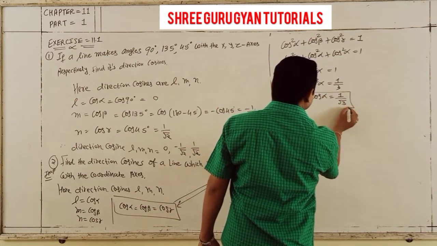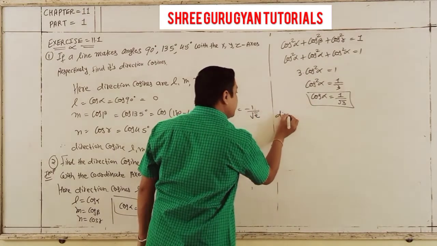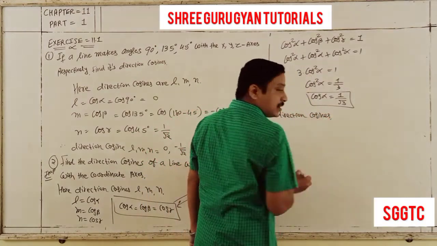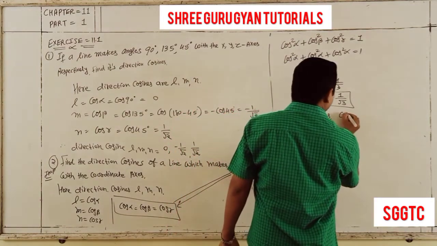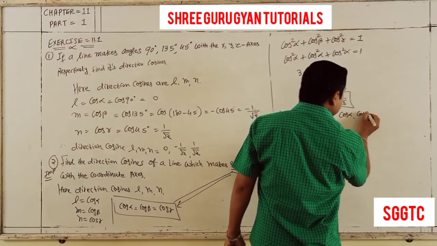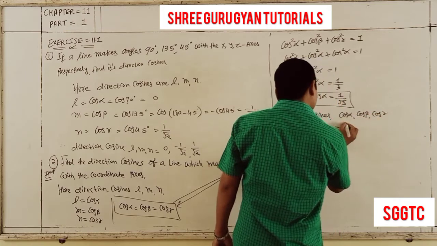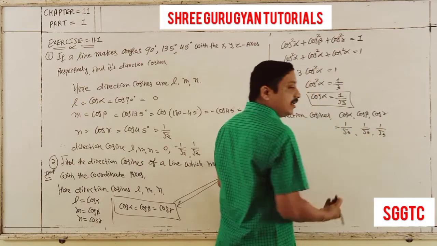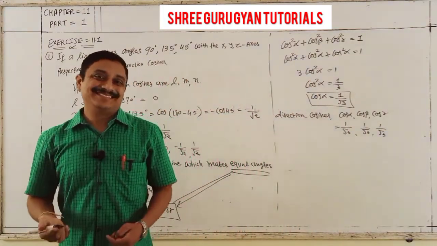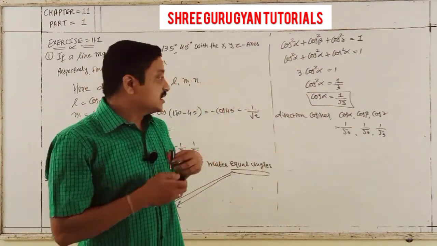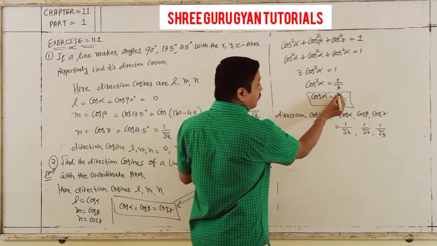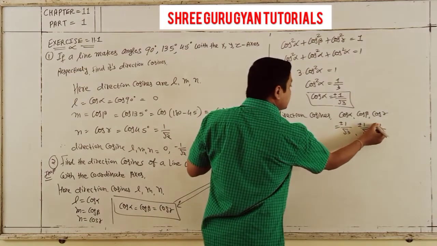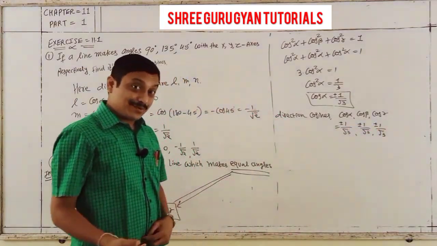And that is your answer, students, direction cosines ready. Direction cosines cos alpha, cos beta, cos gamma are 1 by root 3, 1 by root 3 and 1 by root 3. Very easy. Students, this answer is correct, but if you also take plus or minus, that is also correct, because direction cosines run both ways, since square root is taken.